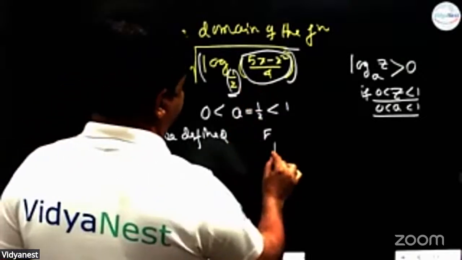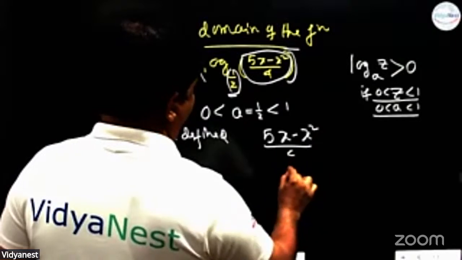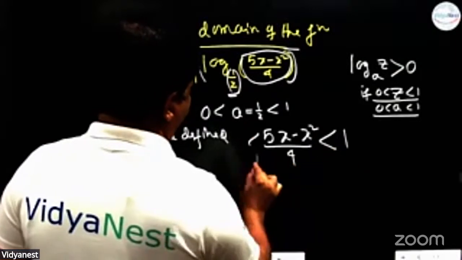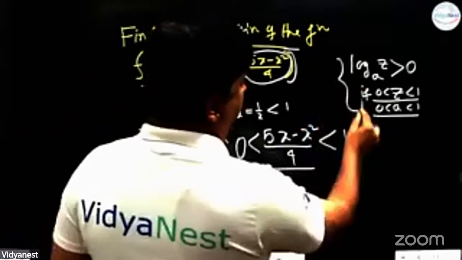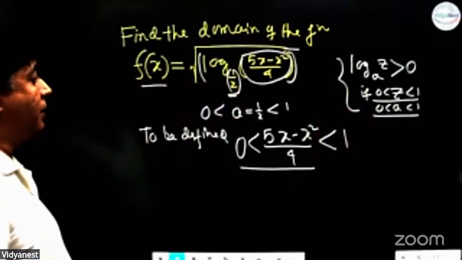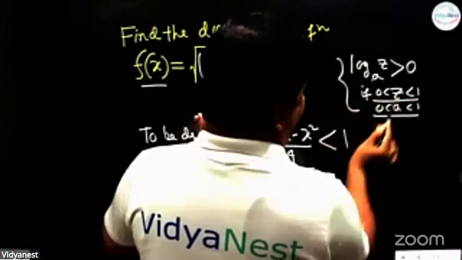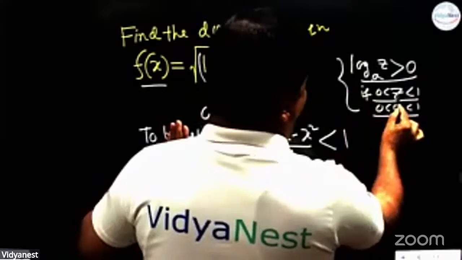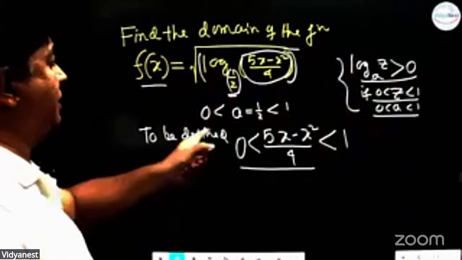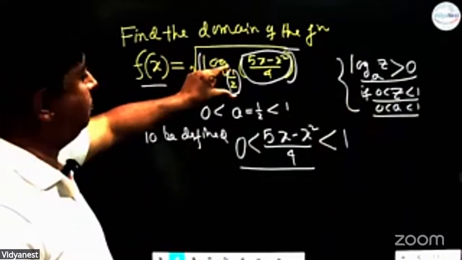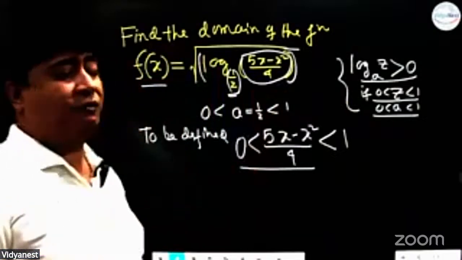this 5x minus x square by 4 also lies between 0 and 1, obeying this rule. Okay? Because log of something with some base must be greater than 0 if both base and exponent are proper fractions. Here the base is a proper fraction, so the exponent must be a proper fraction.